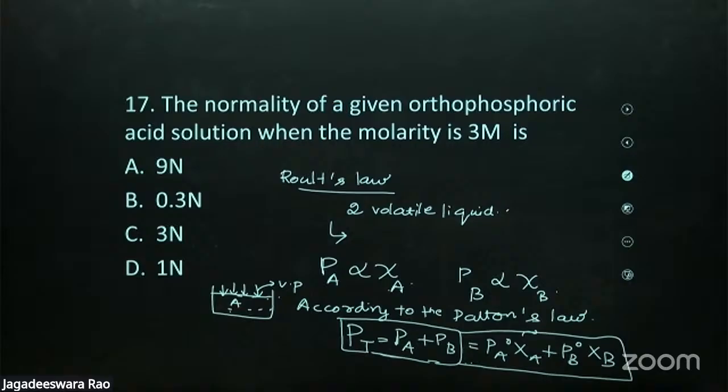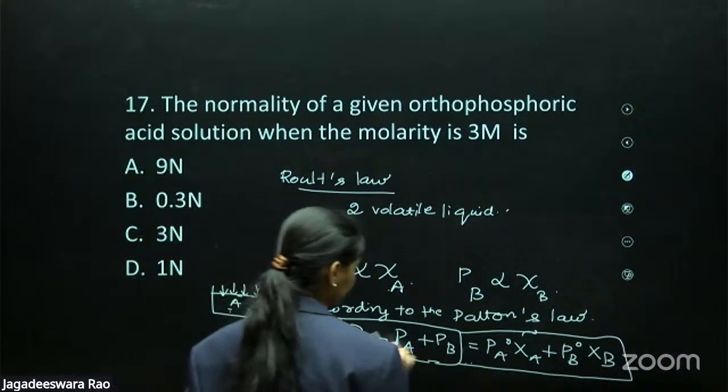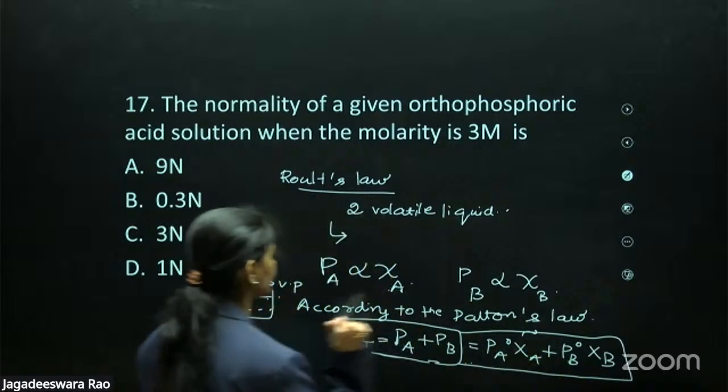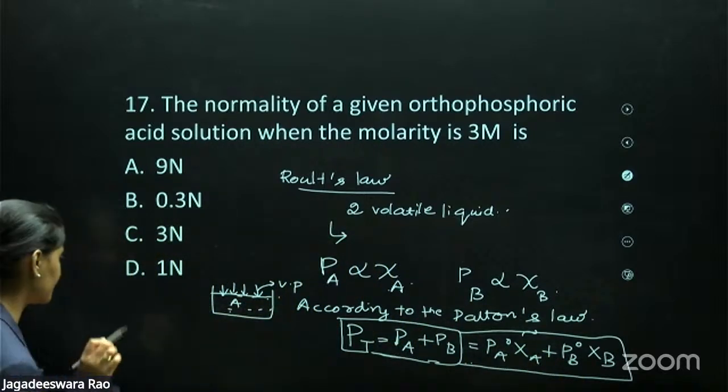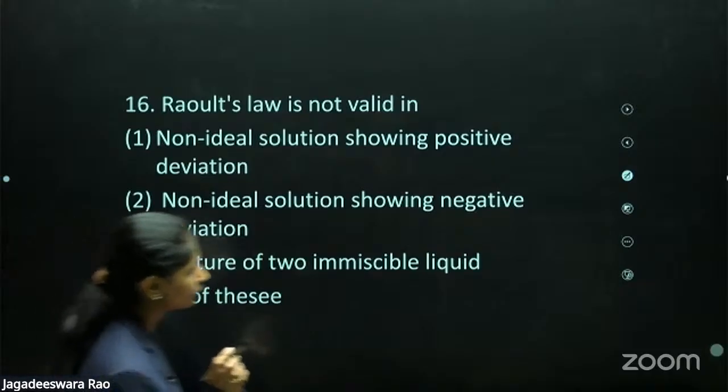Okay, so the next one, if you see here, once you add both of them, you get the total vapor pressure equal to PA naught XA plus PB naught XB. Now, what are this XA and XB? There is a relation for that also.